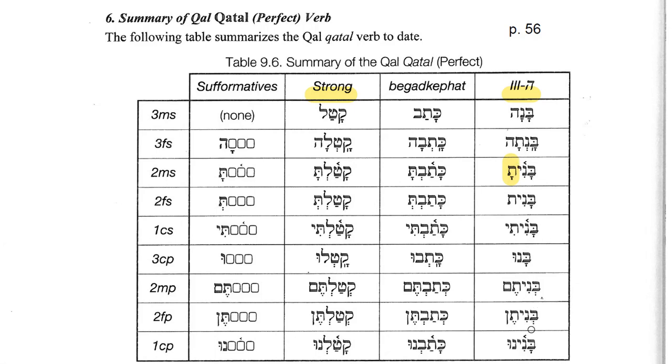Notice that the root for this, it's not listed here, but the root here is bana. The third masculine singular form shows us the letters of the root here. So it's bet, nun, hey. But in some of the forms, we see that the hey drops off and it's replaced by a yod. And so the second masculine singular is one of those examples, banita.